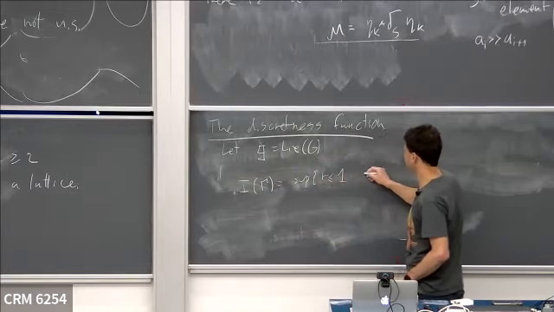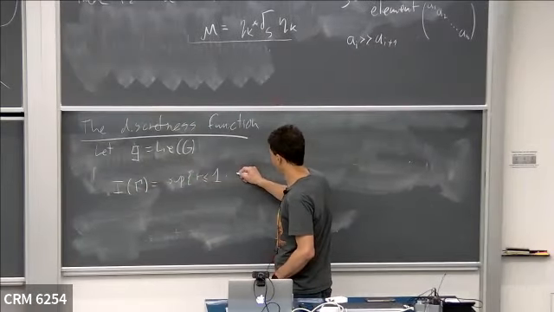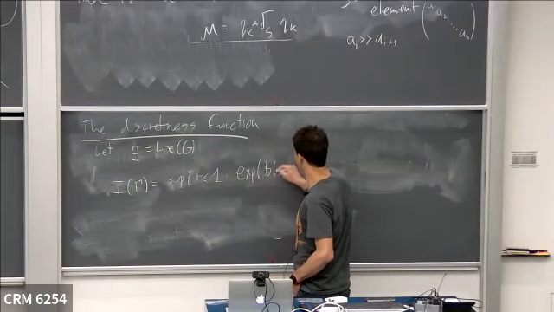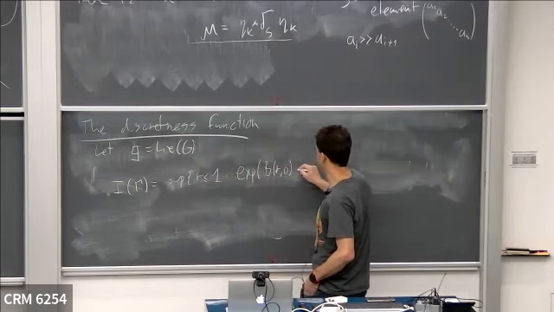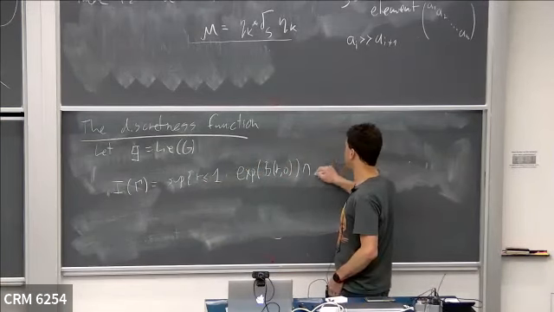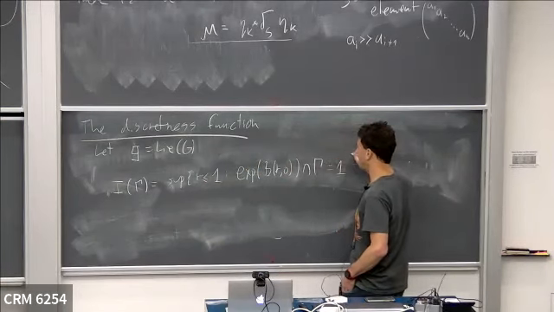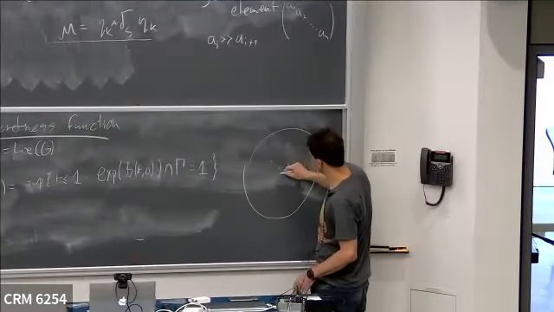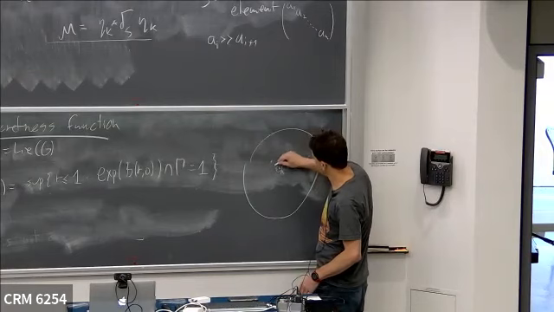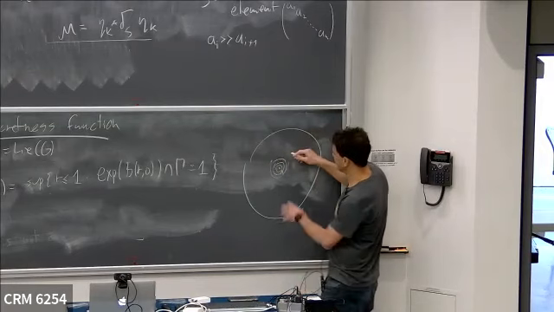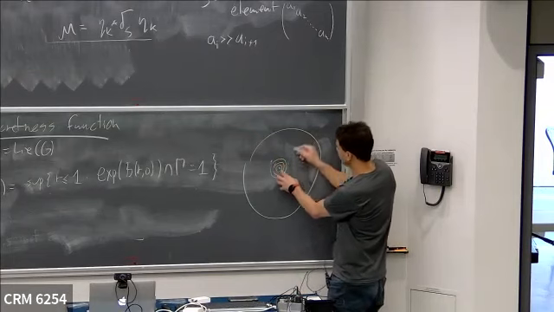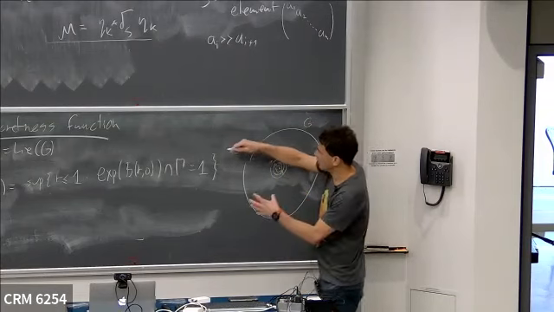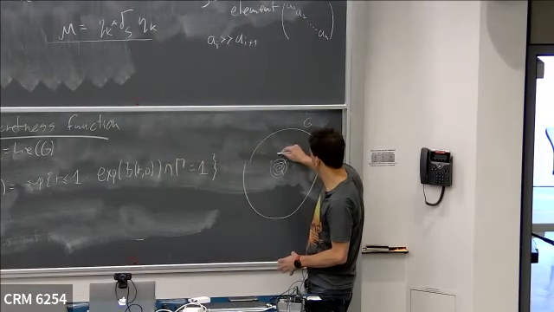such that the exponential of the ball of radius r around 0 in the Lie algebra intersects gamma trivially. Basically, you look at the Lie group, at the neighborhood around the identity, and you look at the largest ball of radius at most 1 such that you don't see elements of gamma.